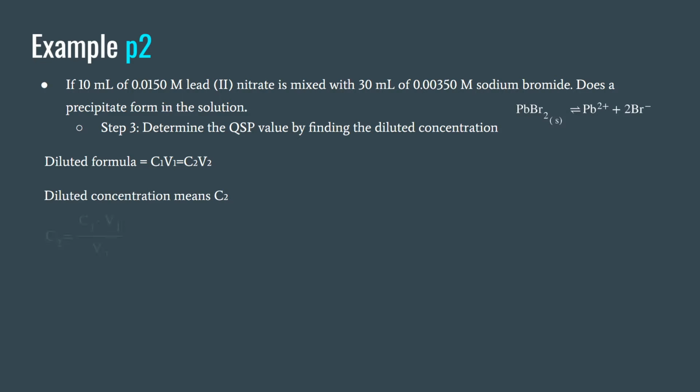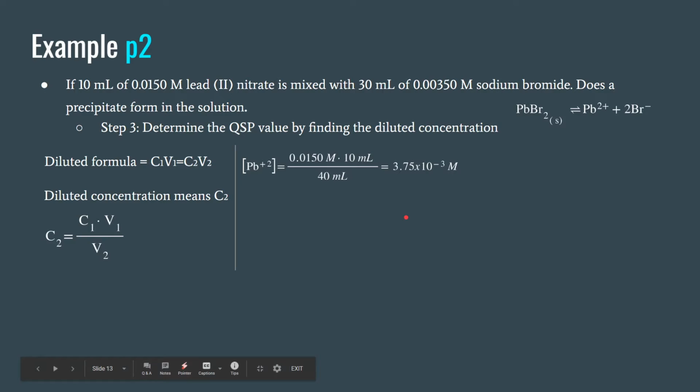And here you're looking for C2. So, you do 0.015 molar, which was given here, multiplied by 10 milliliters divided by 40 milliliters, which equals that number. Now let me explain what this equation is. So here you have the initial concentration.